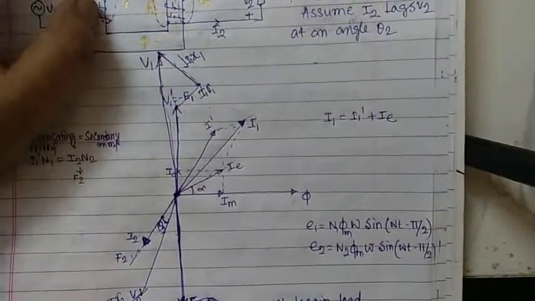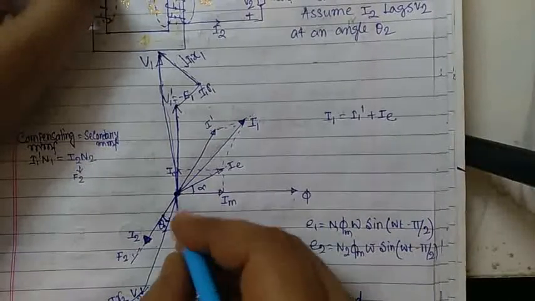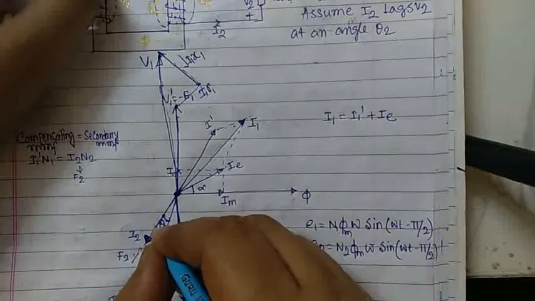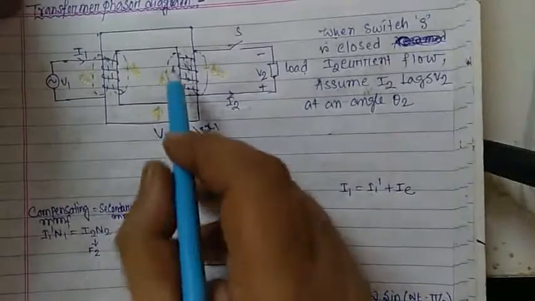Now the leakage flux in the secondary, in phase with the secondary current, is taken as phi L2.